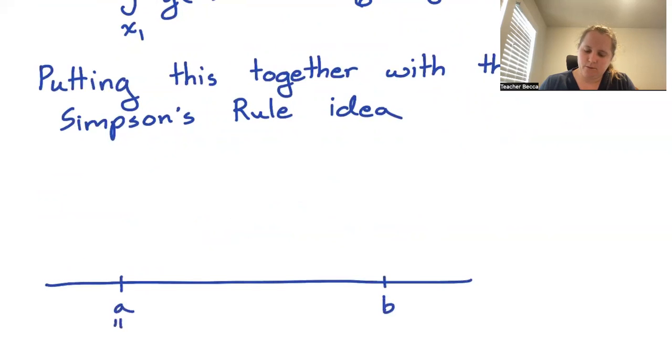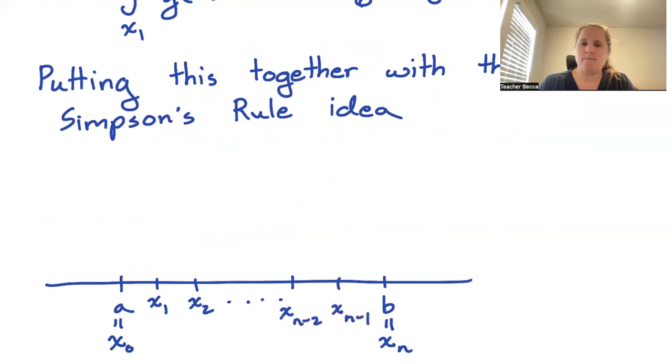We'll let a equal x0, we'll let b equal xn, and then we'll have x1, x2, etc. up through xn minus 2, xn minus 1.